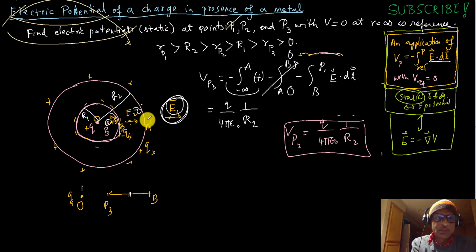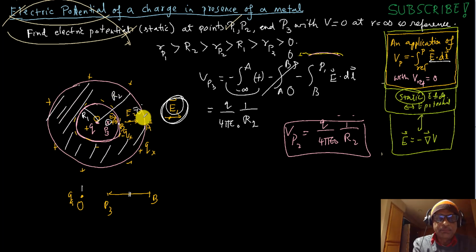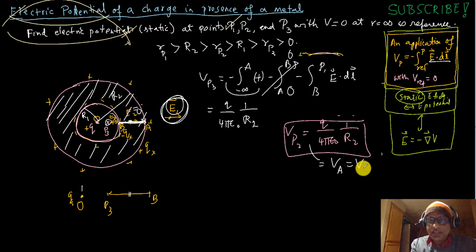This gives me 0. This whole thing is at the same potential. The entire metal piece is at one potential, because you can see that point P2 is the same as any of these points, so the potential at A is the potential at B.